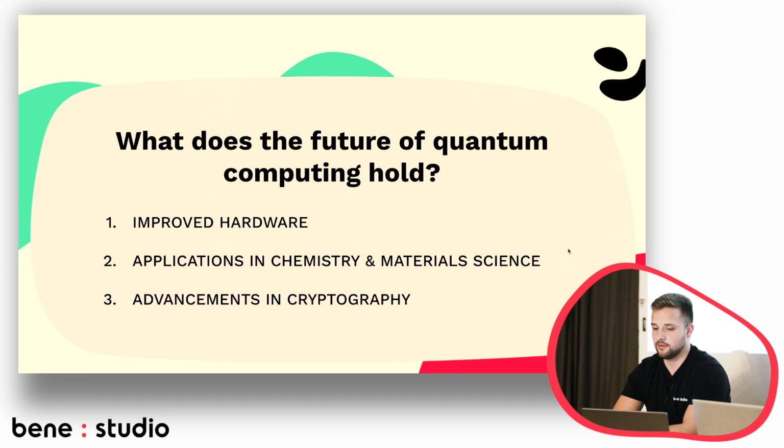It could potentially break many encryption algorithms which are used to store secure, sensitive information today. However, researchers are also working on developing quantum-safe encryption methods that would be resistant to these kinds of attacks.